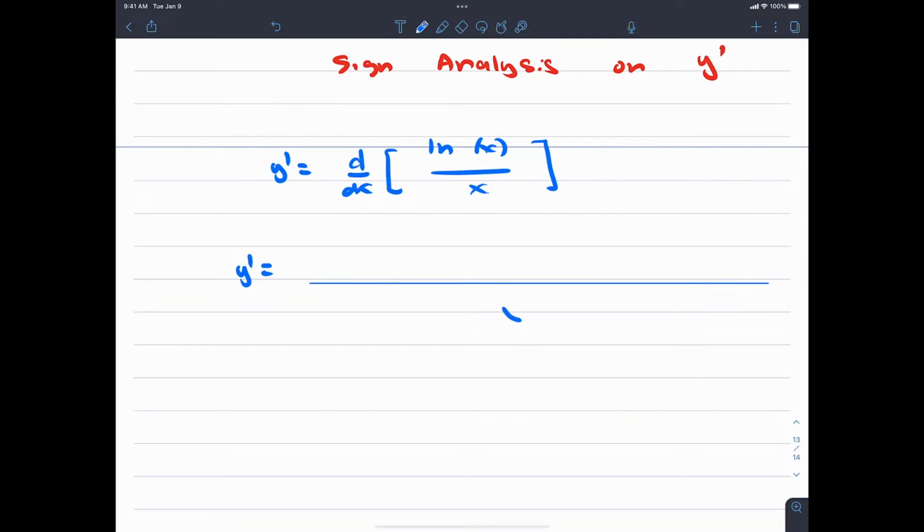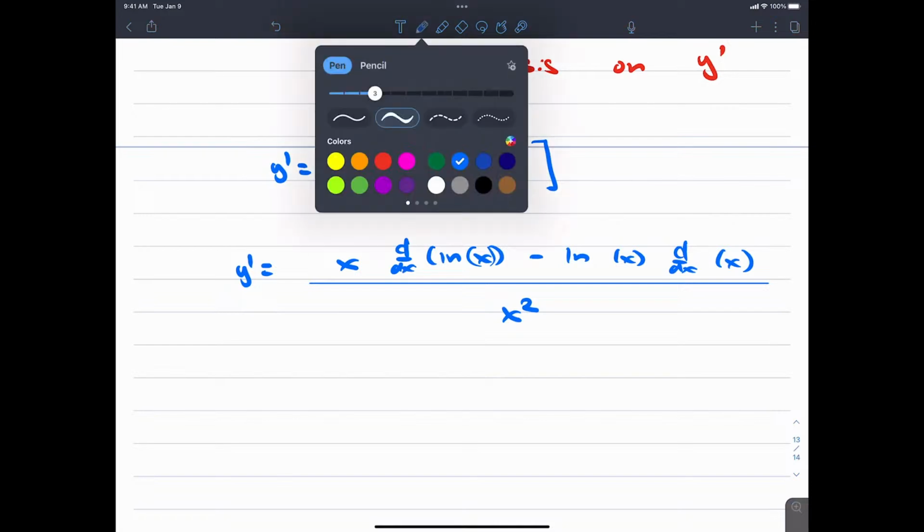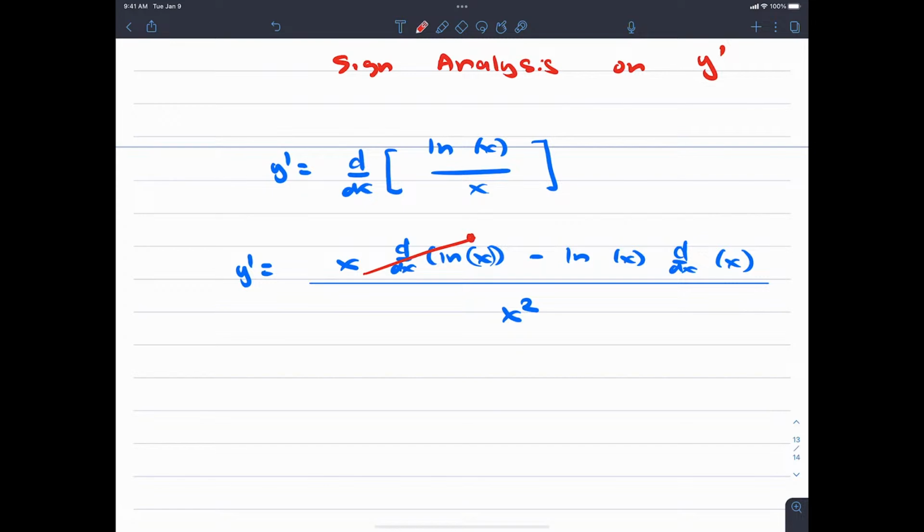It's quotient rule. So I have x squared, x times the derivative of natural log x, minus natural log x times the derivative of x. This is quotient rule, ladies and gentlemen. And what's the derivative of natural log of x? Okay, what's the derivative of x? 1.